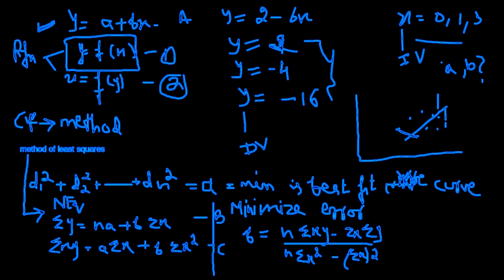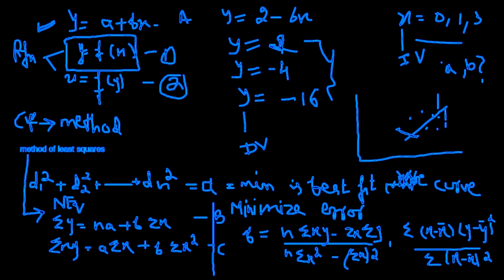Another formula we have: sigma (x minus x bar) into (y minus y bar) upon sigma (x minus x bar) whole square. This is our formula for the coefficient b. When you have the value of b, you can straight away put it in equation a, that is y equals a plus bx, and you will get the value of the other constant, that is a.